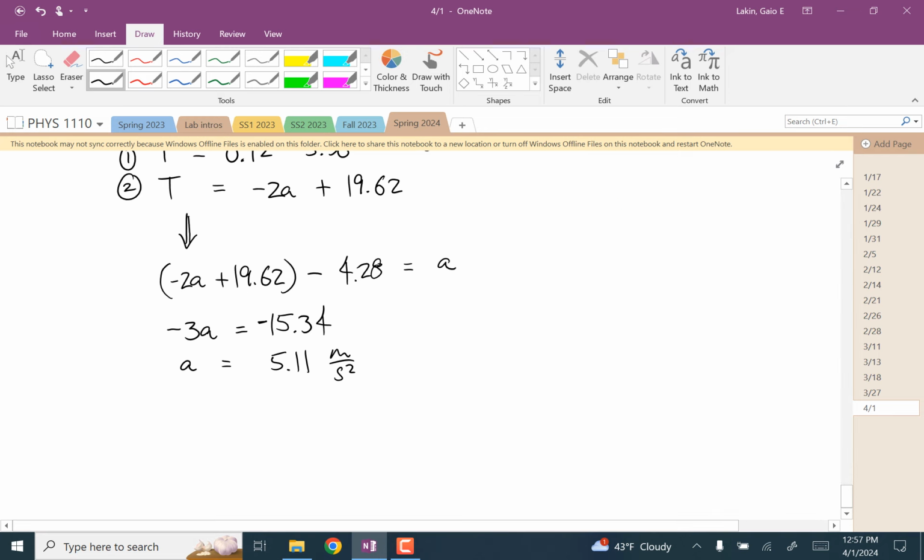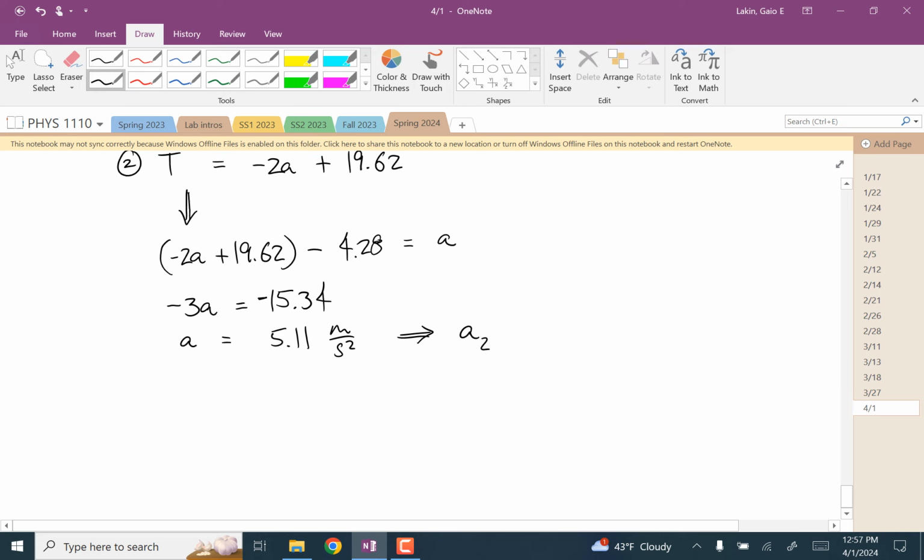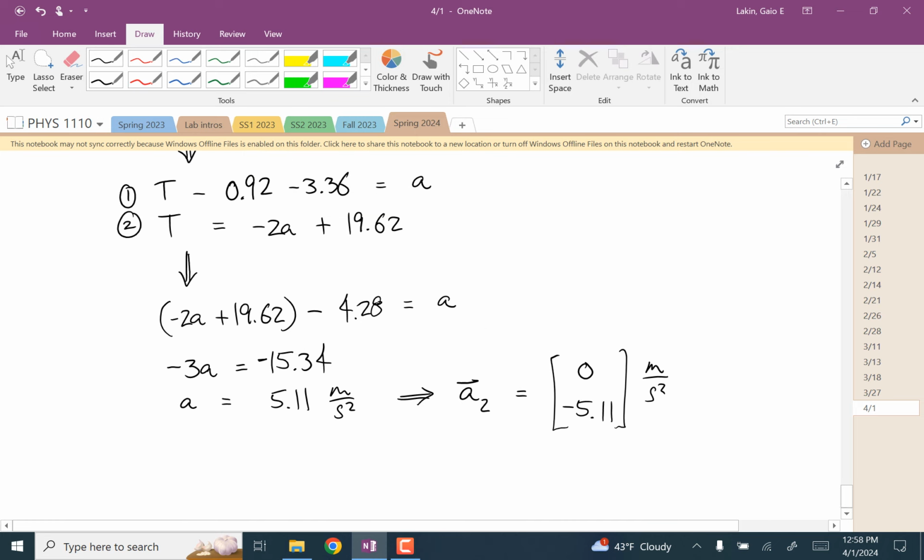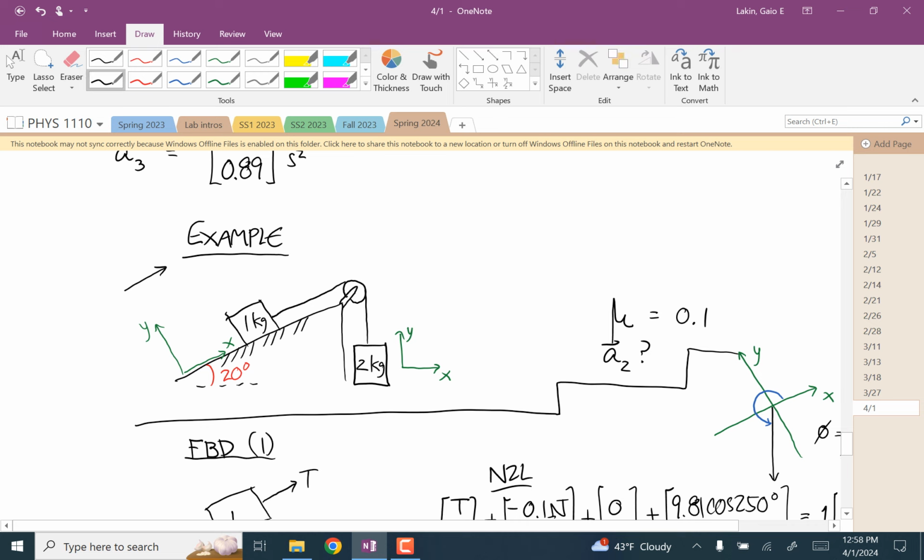And so the acceleration of the 2 kilogram hanging mass is 0, negative 5.11. So is this system speeding up or slowing down? We have that the 2 kilogram is accelerating down. It was originally moving down, and so it's speeding up. Okay.